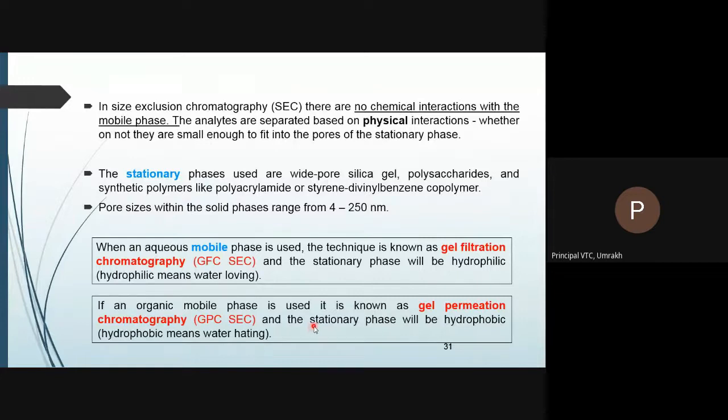So size exclusion chromatography is gel filtration or gel permeation. If your mobile phase has an aqueous component, it will be called gel filtration chromatography, and if your mobile phase is organic in nature, it will be called gel permeation.